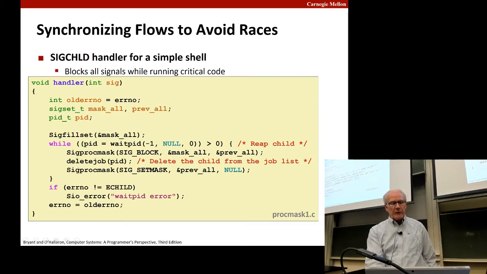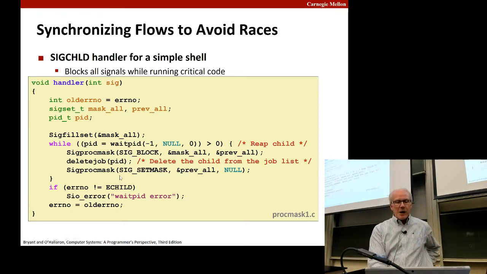It's using blocking because there's some other data structure around there that the shell is using to maintain the set of jobs, and it wants to remove this process ID from that set of jobs. It wants to make sure that some other signal coming in doesn't mess up that data structure.